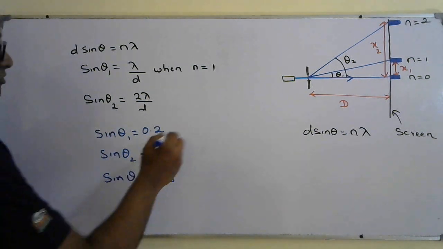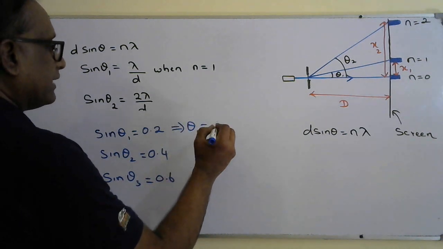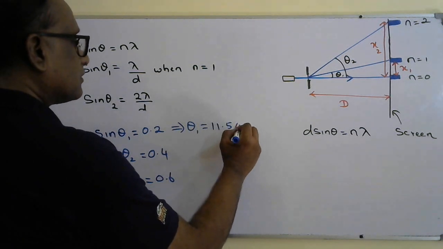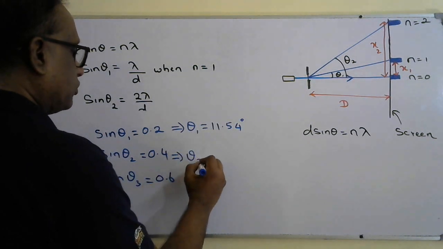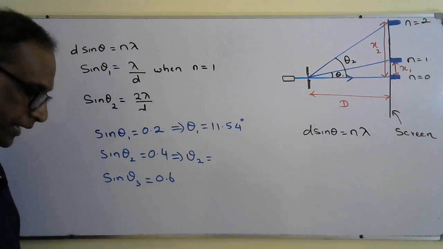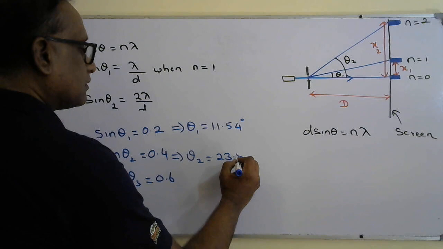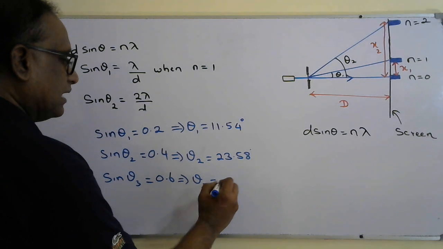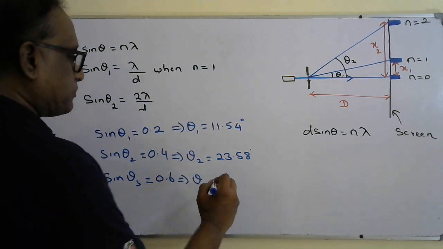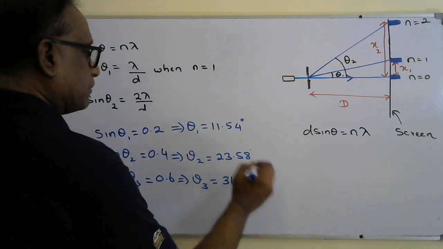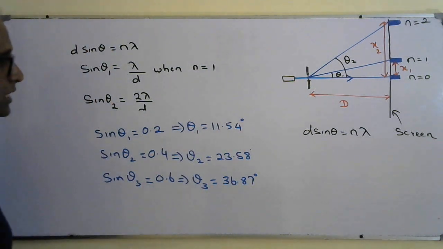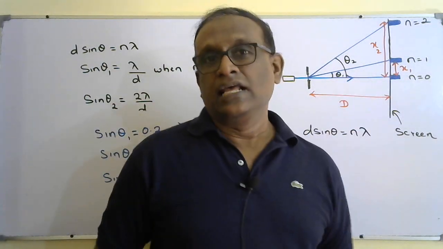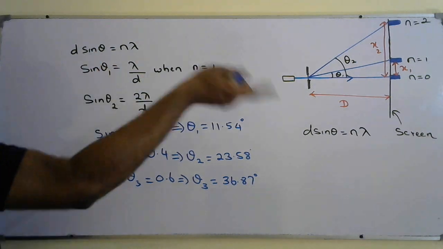If you use the calculator, theta 1 is 11.54 degrees. Theta 2 is 23.58, not double, more than double. Theta 3 is 36.87 degrees, not 3 times, more than 3 times. So remember, the interval between the adjacent angles will increase when the order increases.